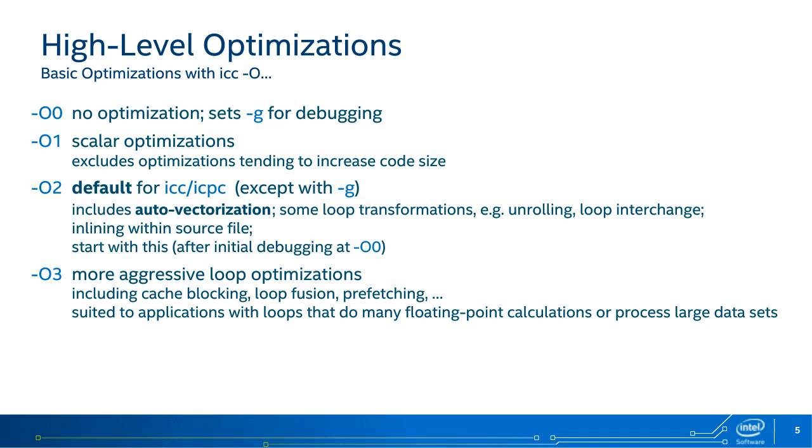So auto-vectorization is a major feature of our compiler, and in most cases, this is the part of the compiler giving you the most benefit. Note that the O2 option also enables many optimizations like intra-file inter-procedural optimization, and it includes inlining, constant propagation, dead static function elimination, and so on.